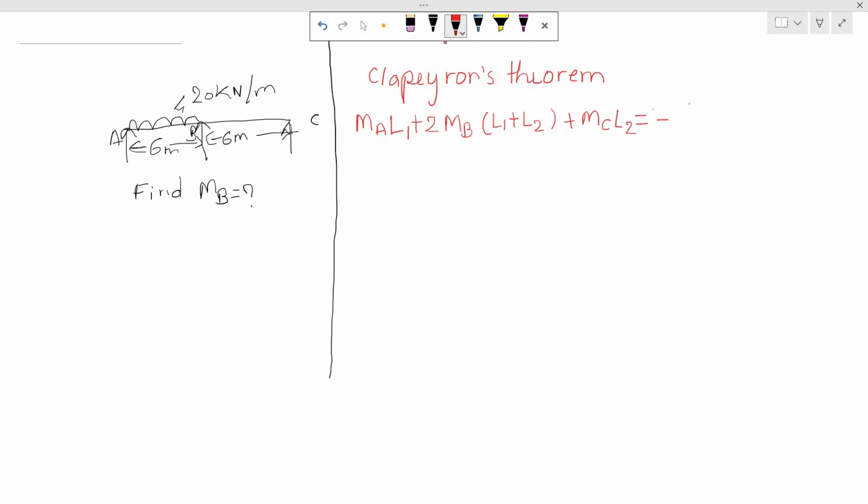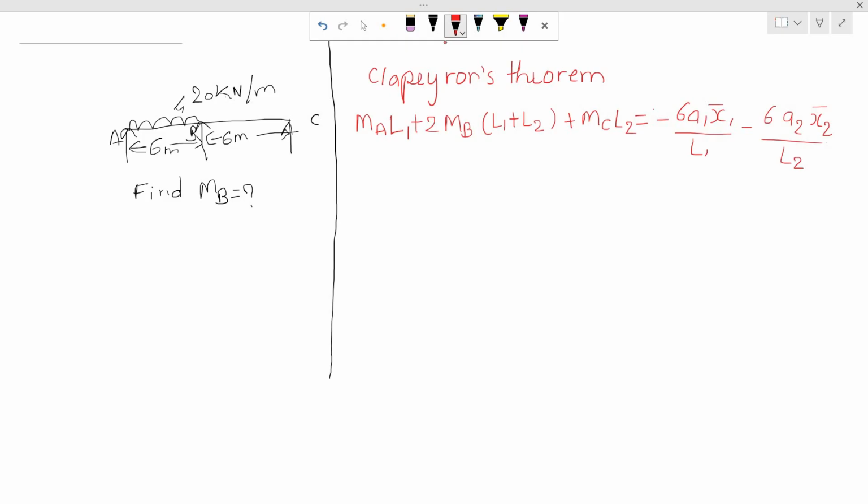Equal to minus 6 A1 x1 bar divided by L1 minus 6 A2 x2 bar divided by L2, right? So what is A1, what is A2, x1 bar, x2 bar?